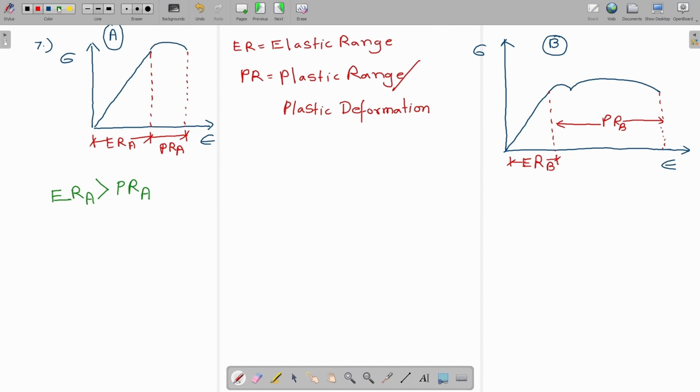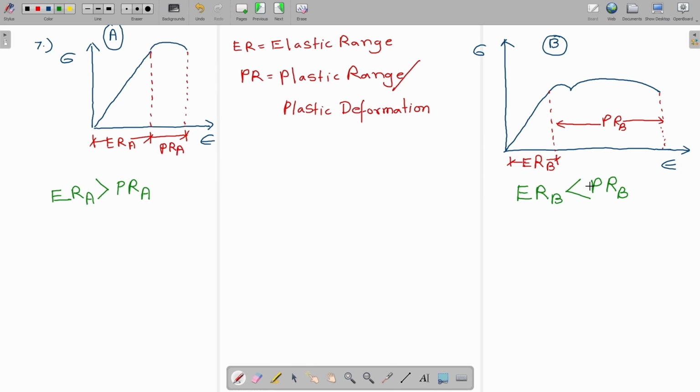We can write that the elastic range of material B is less than the plastic range of B. That is, the plastic range of B is more than the elastic range of B.